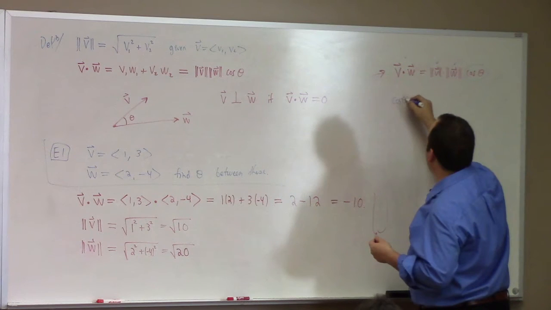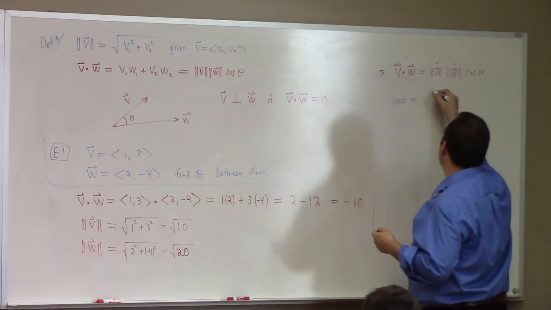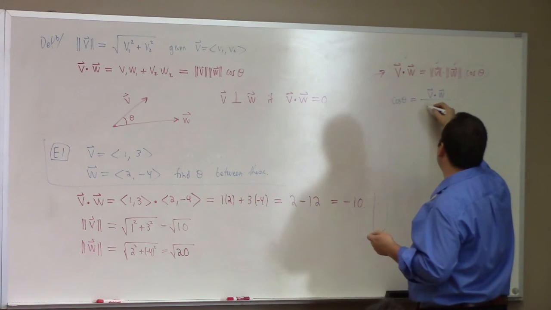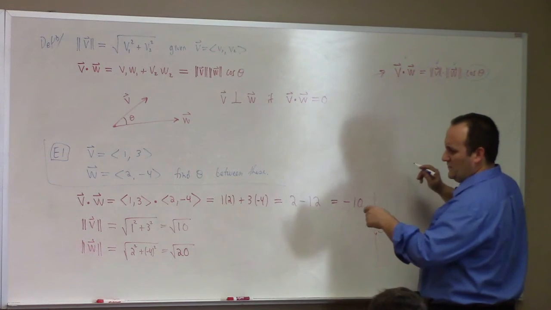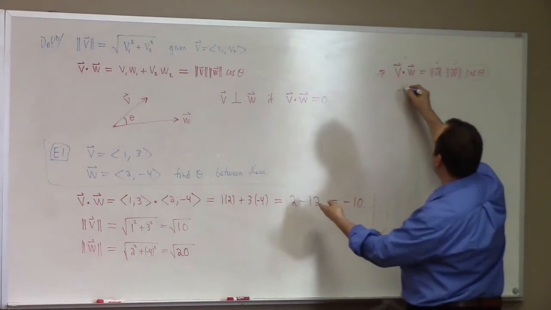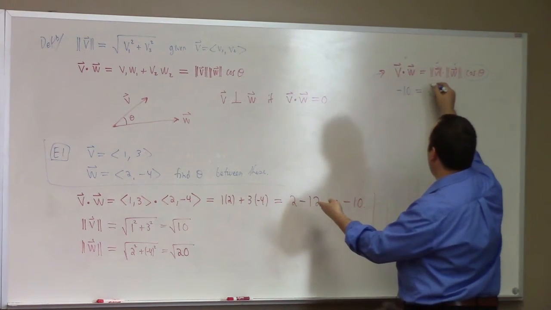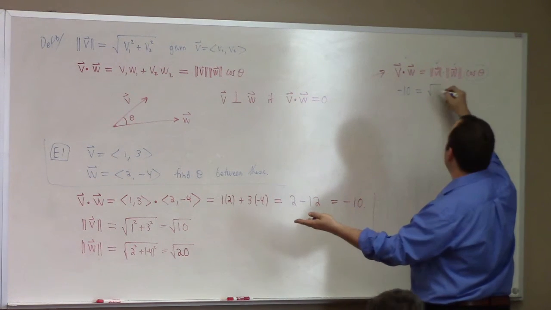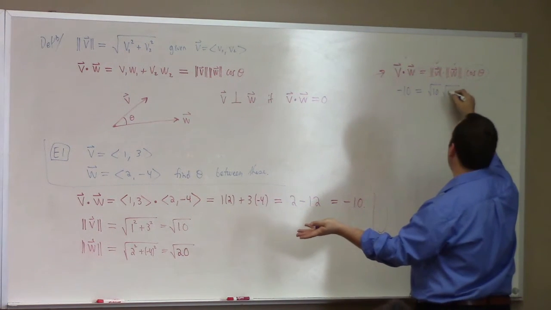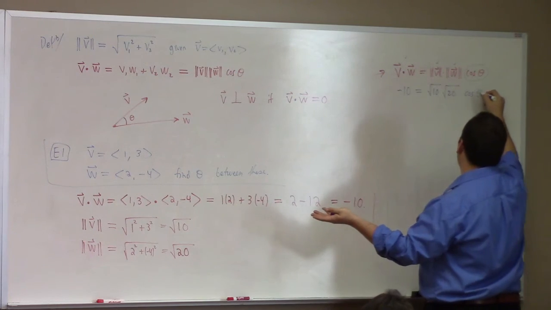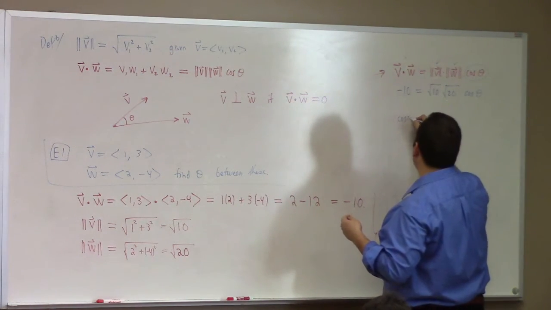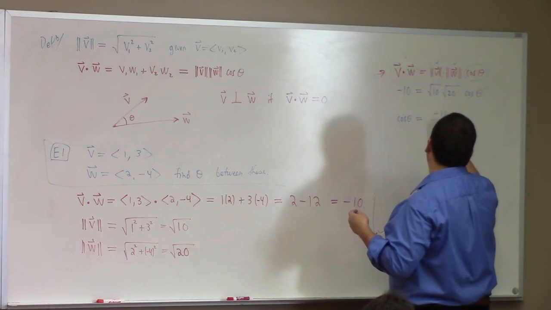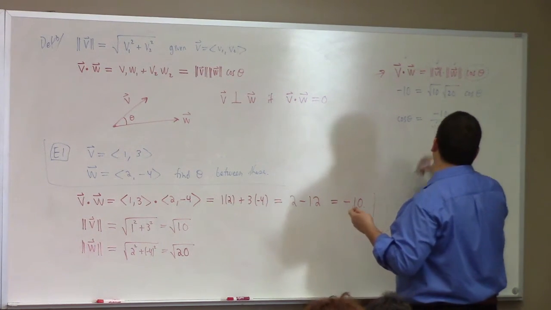Cosine theta is equal to v dot w divided by the lengths. So we just figured out what it was: minus 10, over square root of 10, square root of 20. So cosine theta is minus 10 over the square root of 200.